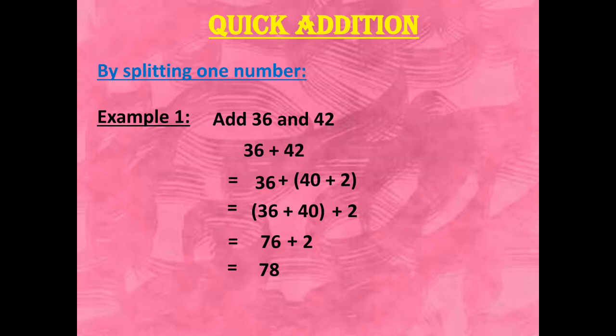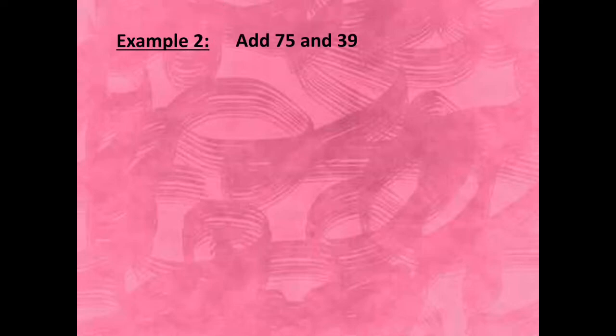Now to explain you clearly, we will take another example. Here the example is add 75 and 39. Two addends are given, 75 and 39. We are going to split only one number, that is the second addend. Add means 75 plus 39. So we will take the first number as it is.